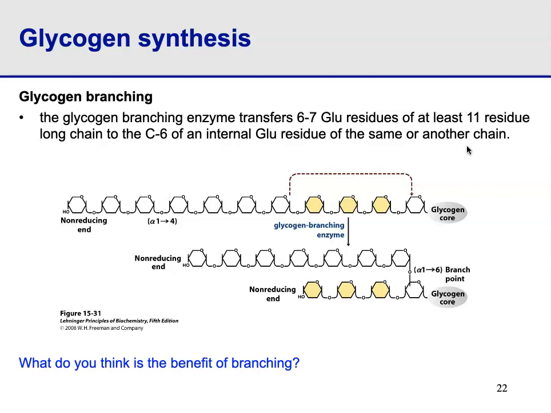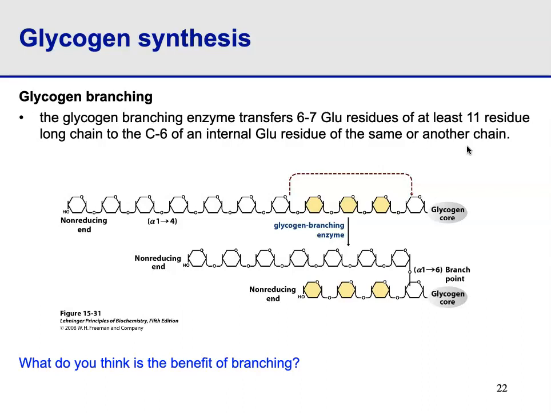And each one of those ends now represents a binding surface where a copy of the glycogen synthase enzyme can bind and continue to add more glucose faster.